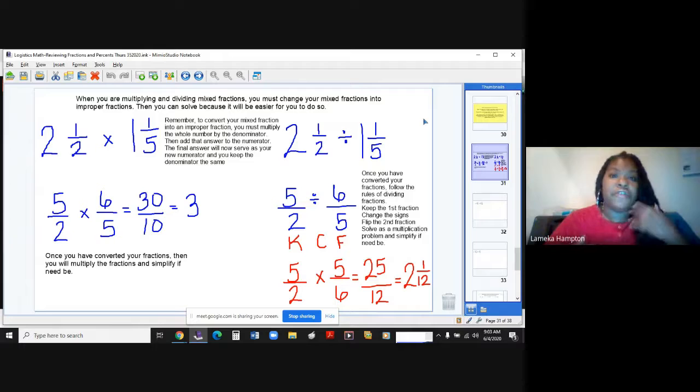Now, this is the difference between adding and subtracting mixed fractions versus multiplying and dividing them. When you are adding and subtracting mixed fractions, you don't have to convert anything. If you want to convert it, that's fine, but you're actually doing an extra step, which in my humble opinion is unnecessary.